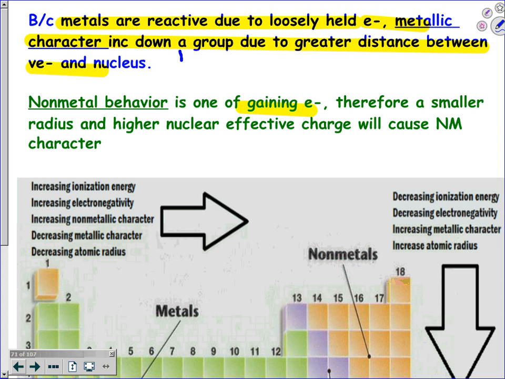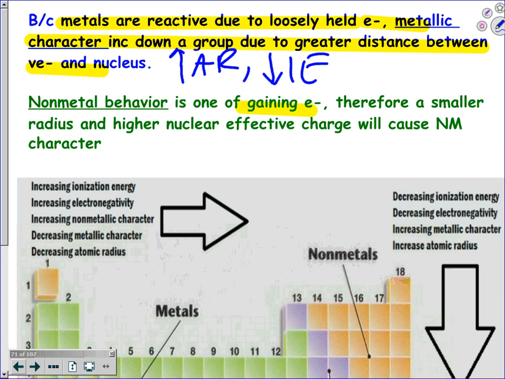Tell me how the atomic radius looks. A high atomic radius means that you're going to have higher metallic character because your electrons are so far away from your nucleus, you have no care in the world, those electrons leave at will. Tell me about ionization energy. High or low? Low ionization energy because you don't require a lot of energy to swipe that electron away.